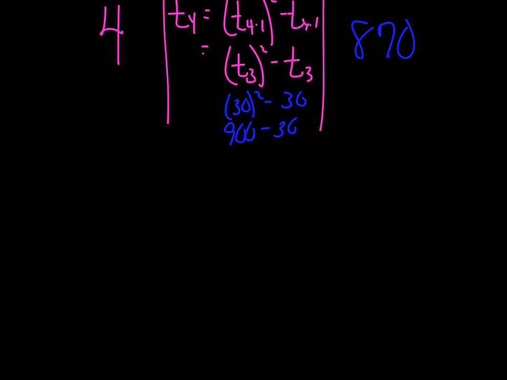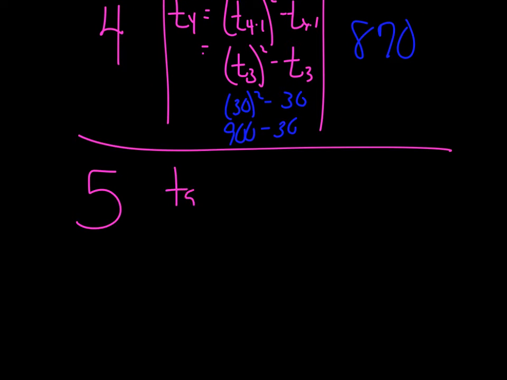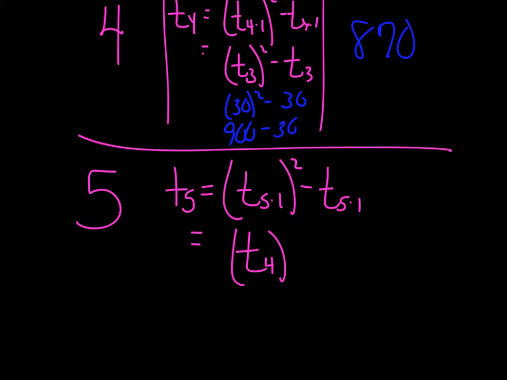So the fifth term, let's get that set up there. I'm going to say t sub 5 is equal to t sub 5 minus 1 squared minus t sub 5 minus 1, which is really t sub 4 squared minus t sub 4. And I'm going to have to grab my calculator to do that.